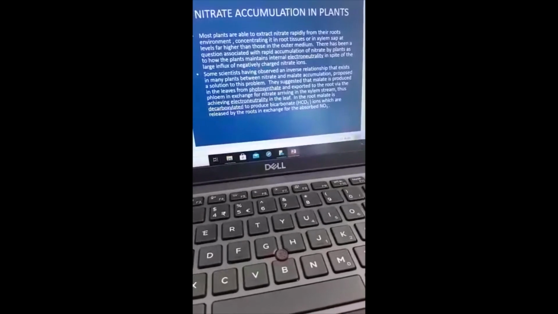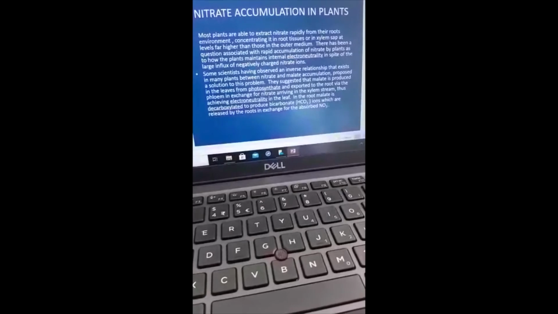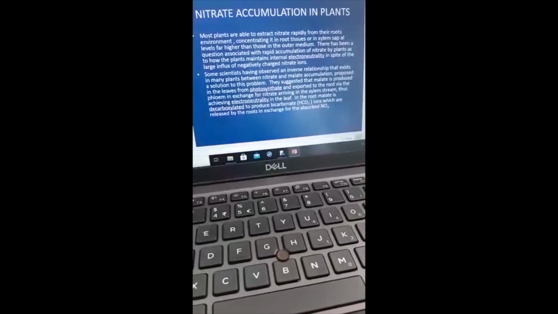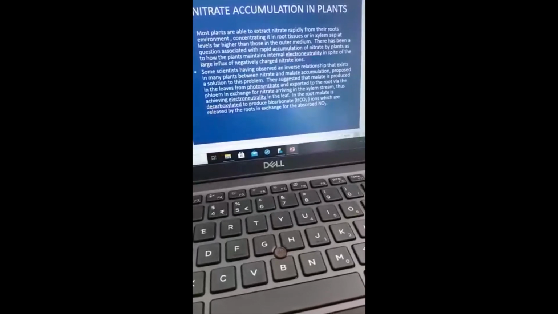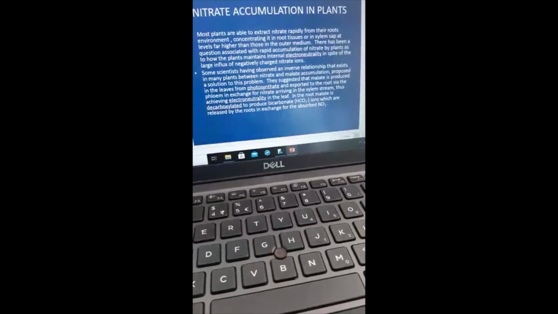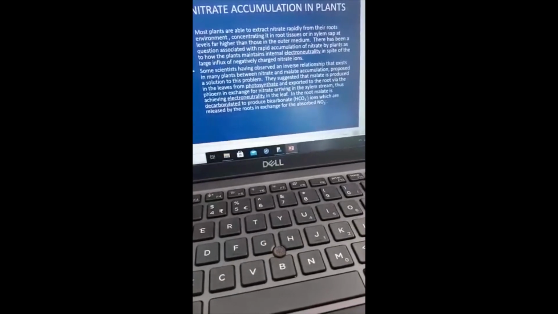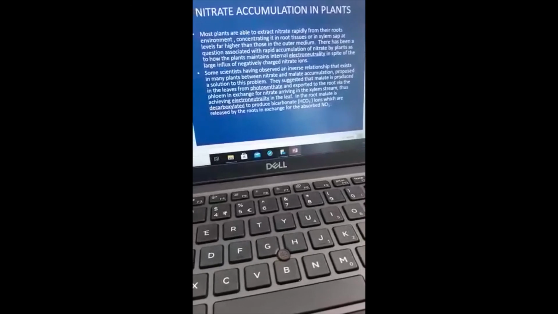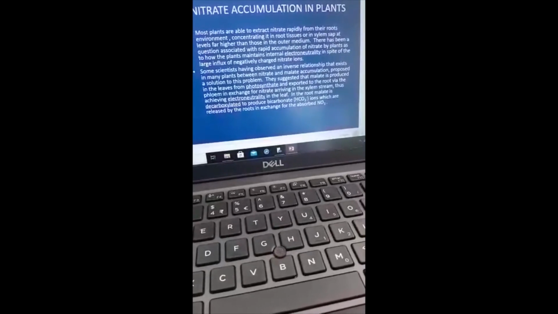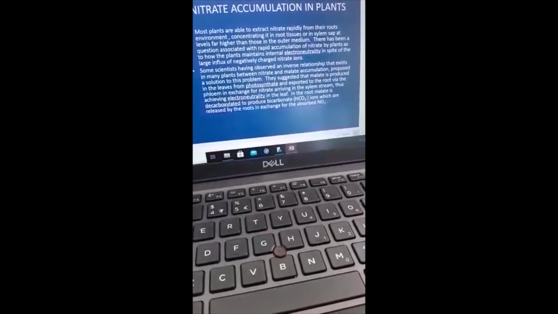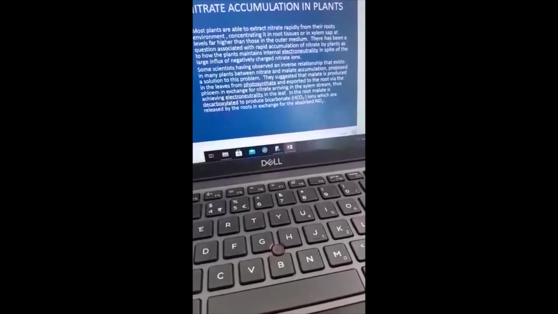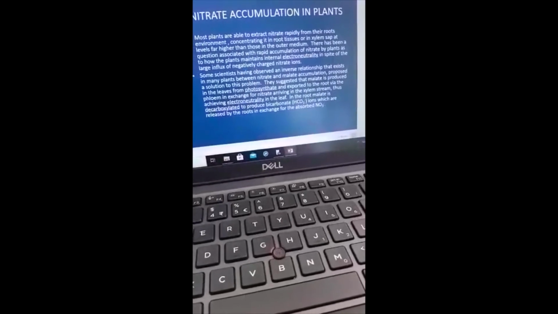How does this help? When nitrate that has been absorbed by the root is dropped in the leaf of a plant, that nitrate which is negatively charged, there is an exchange. As nitrate is getting into the leaf, malate which is negatively charged is leaving the leaf. So you can't have more negatively charged ions within the leaf, because as nitrate is entering the leaf, malate is leaving the leaf. Within the root, the same thing happens.